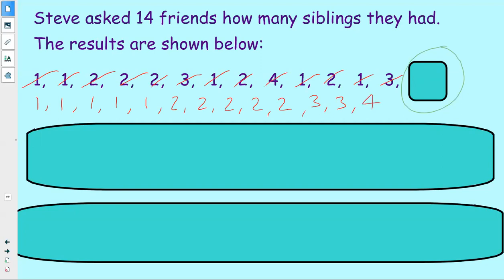So what do you think the answer is in there? So the mode, the most common data, you actually have really 2 modes here because you have got 5 1s and you have got 5 2s. So they seem to be the most popular amount of siblings when asked. So if you had to make an educated guess, you would maybe think it was the number 1 or number 2 underneath that box. So let's reveal it now.